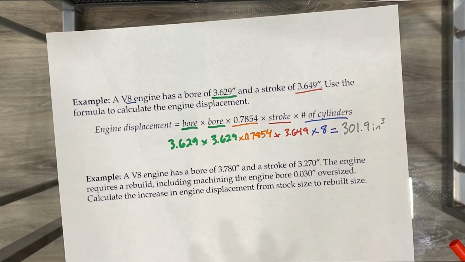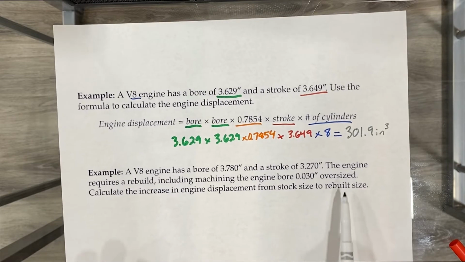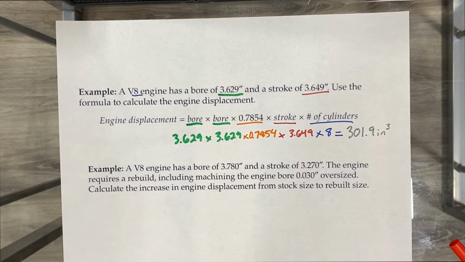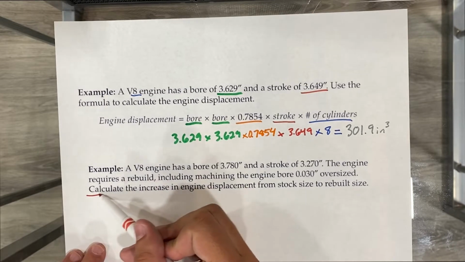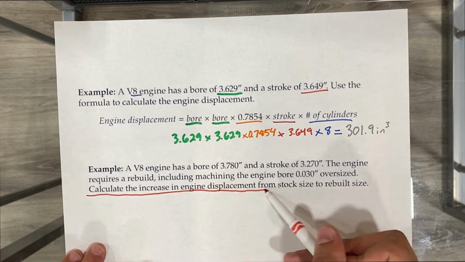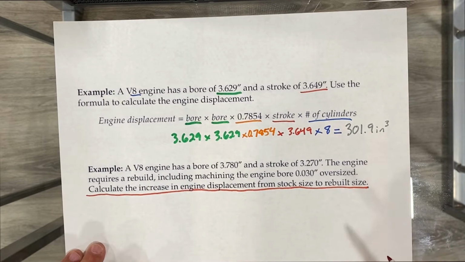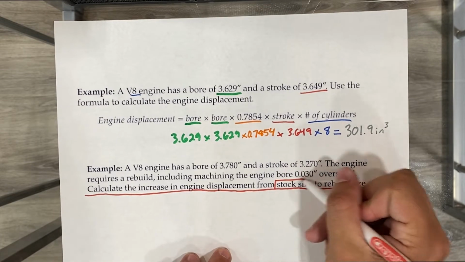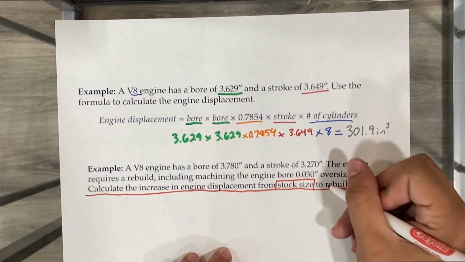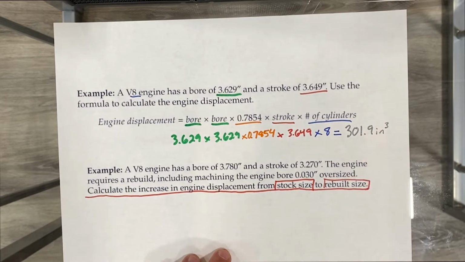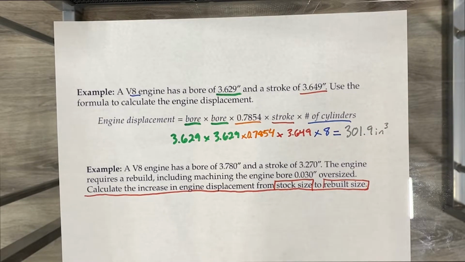Okay, so next we have an example where we're going to be comparing two engine block calculations to each other. Because if you look at this next example problem, what they're asking us to do ultimately is calculate the increase in engine displacement from stock size to rebuilt size. So that means the first thing we've got to find is our stock size, and then after that we're going to compare it to our rebuilt size and see if there's any difference.